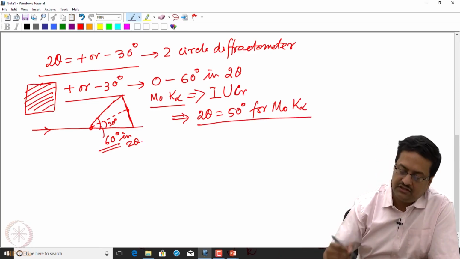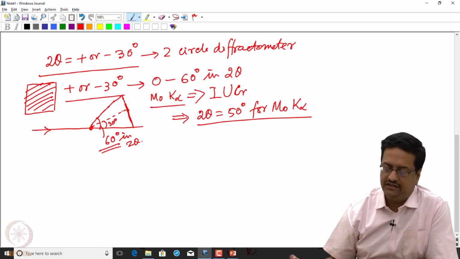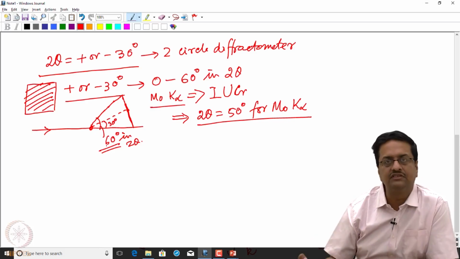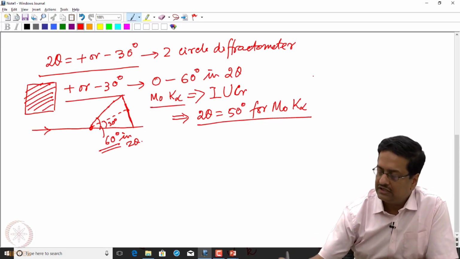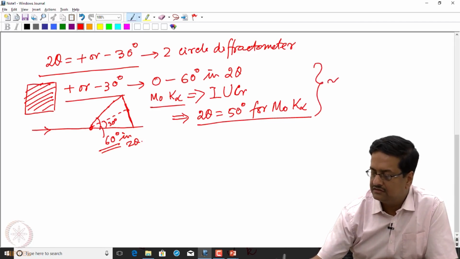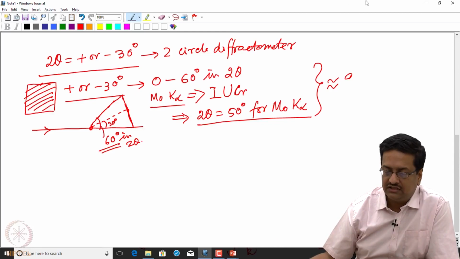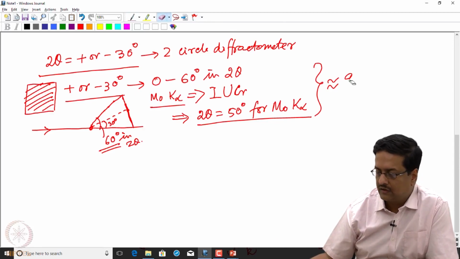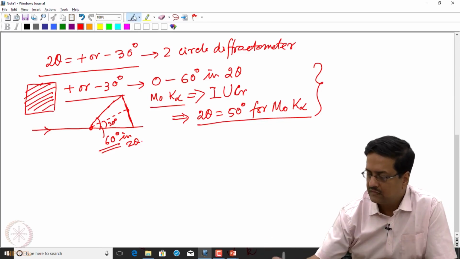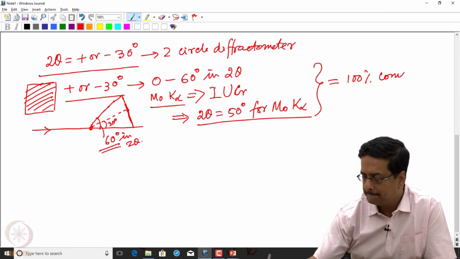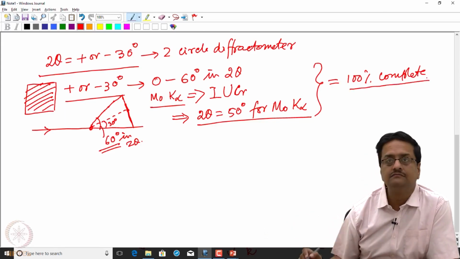So by keeping the detector at about minus 30 degree, one gets data up to 60 degree in 2 theta. So whatever data we collect is about 100% complete with respect to the IUCr limit.